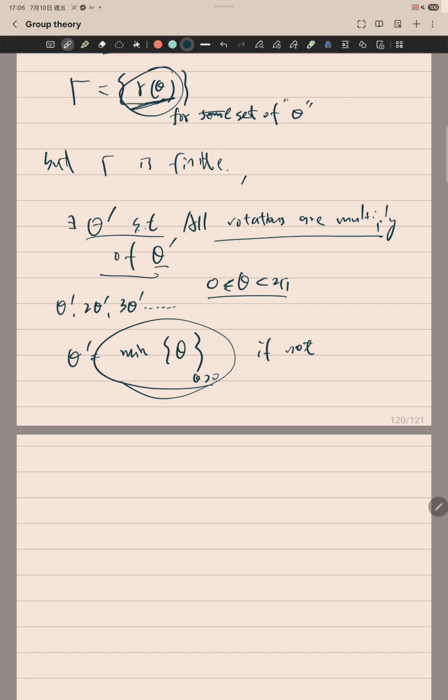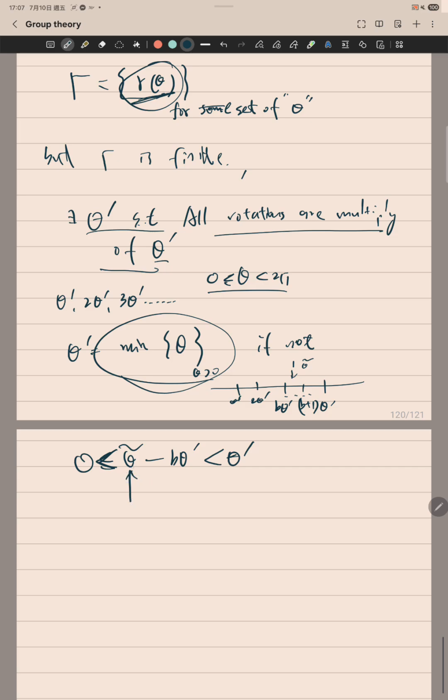If this is not the case, then I have theta prime, 2 theta prime, up to some b theta prime, and if there is some other angle theta tilde which is not a multiple of theta prime, say between b theta prime and b plus 1 theta prime, then theta tilde minus b theta prime will be greater than 0 but less than theta prime.